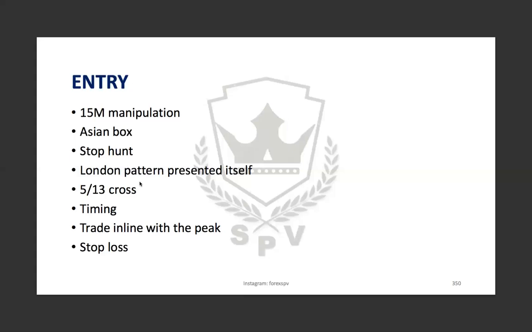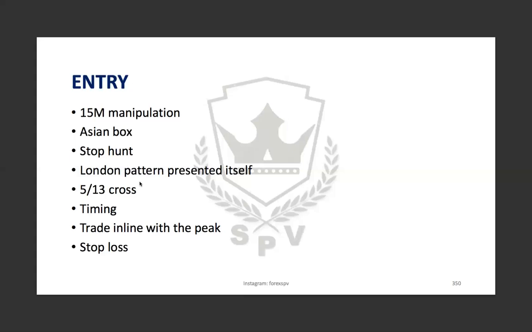So after having your view, now we come to the entry phase. The entry phase is when the market is open and it's real-time. So we look at the 15 minutes manipulation. Now we come down to the 15 minutes time frame, and here we look at the Asian box. Is it not blown?